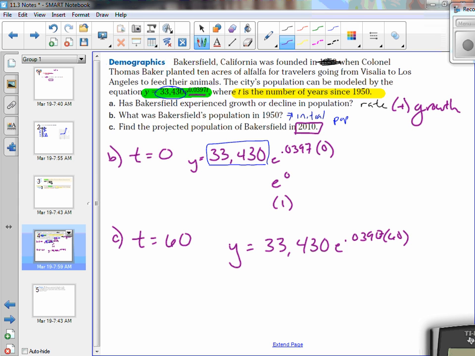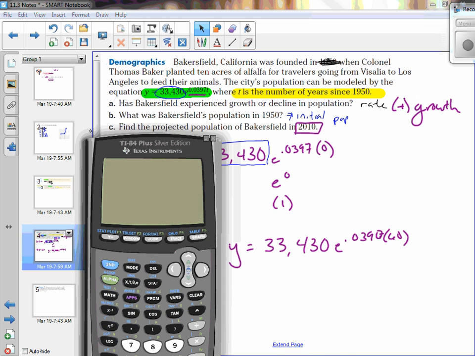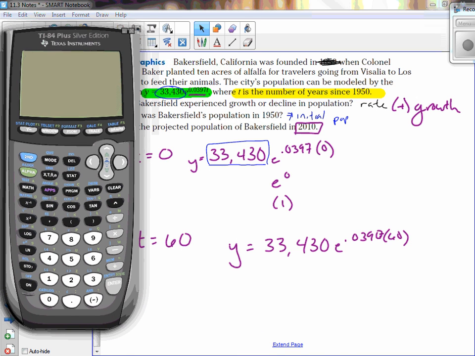Be careful with your calculator. So I'm going to use 0.0397 times 60. All right, and we're going to raise e to that power.